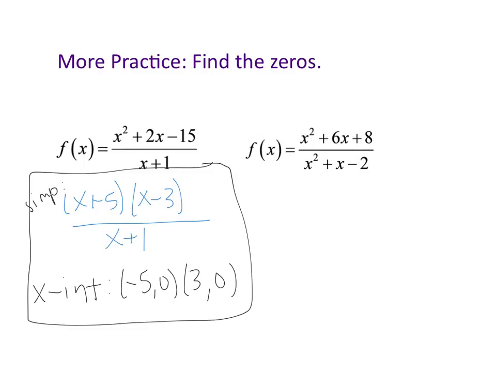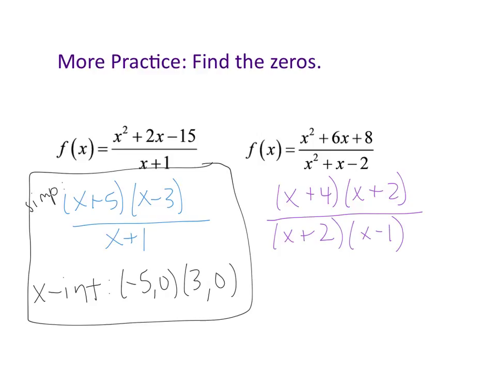f of x equals x squared plus 6x plus 8 over x squared plus x minus 2. Again, step 1 is to factor. So factors of 8 that when added together give me 6 are 4 and 2. And then on the denominator, factors of negative 2 that when added together give me 1 are positive 2 and negative 1. Okay, so now we need to simplify before we find the x-intercepts.